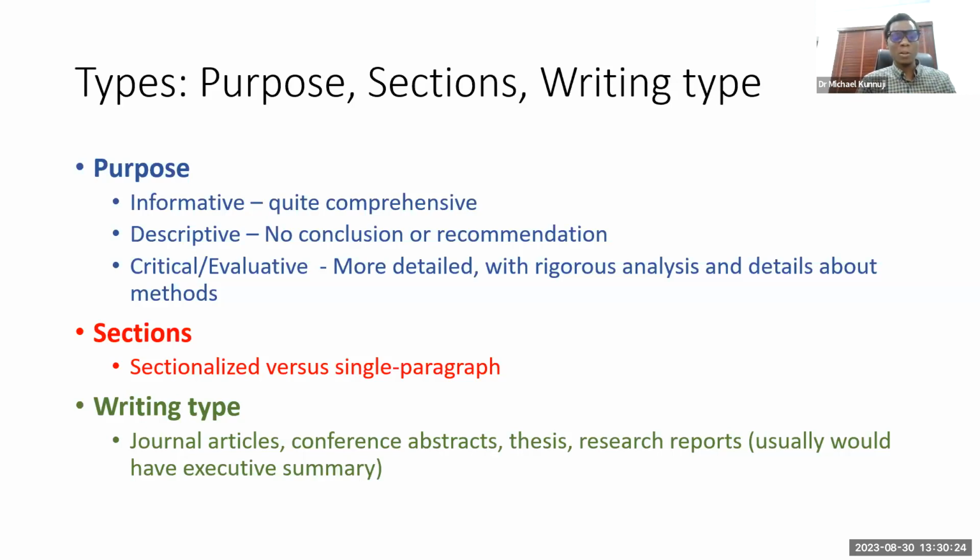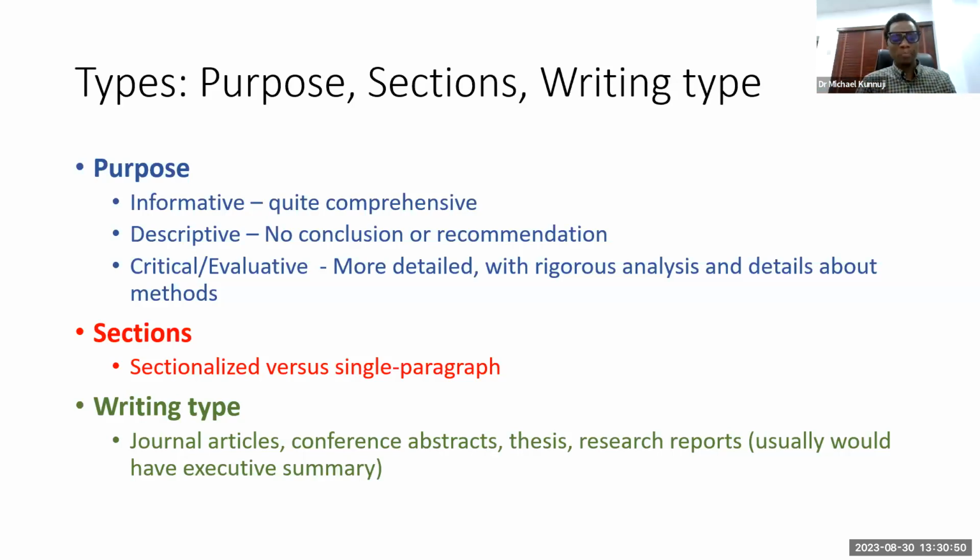And then you can also categorize your abstracts on whether there are sections or not. In some abstracts, you have clear sections, which means that you break the abstracts down into sections: background, methods, results, conclusion. Then others are written in just one paragraph, no sections at all.